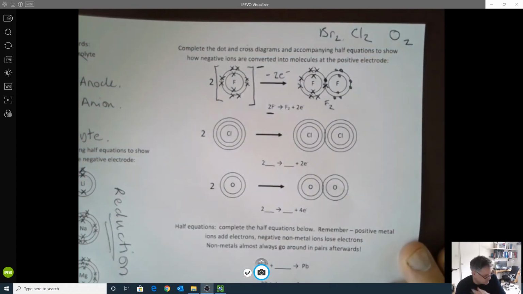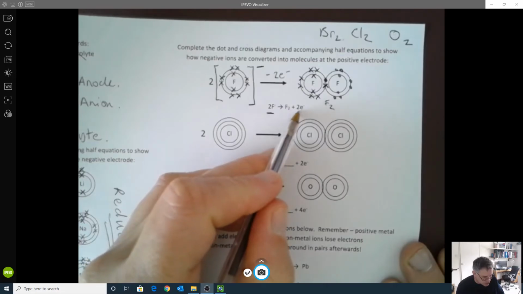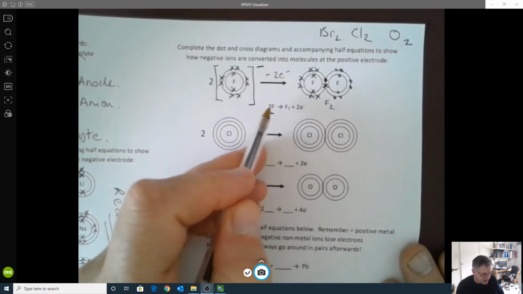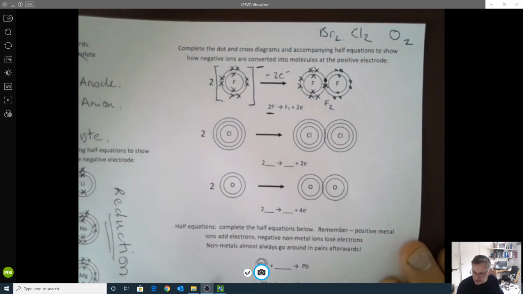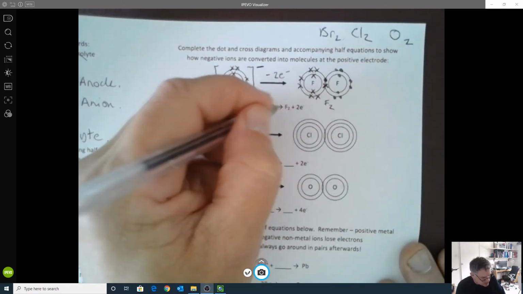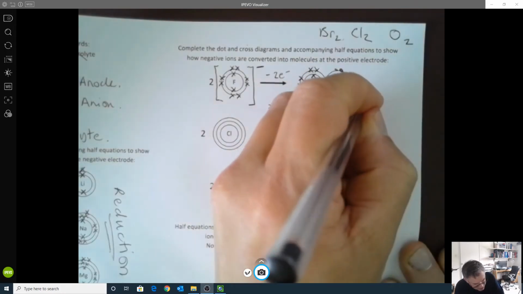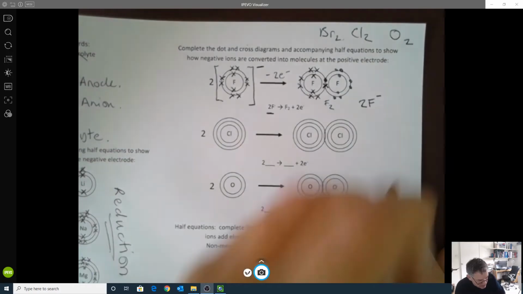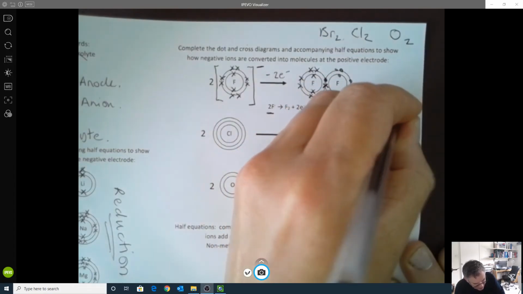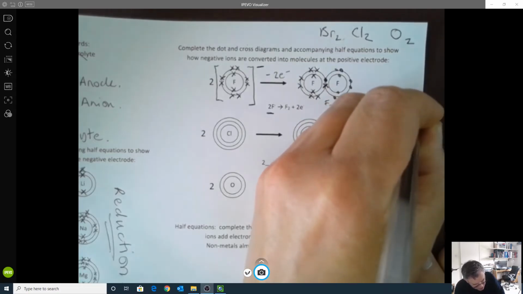Now, they've done it here with the 2 electrons being added to the right hand side. This gets very confusing, and students quite often don't see this, but that half equation is exactly the same as writing 2F minus, 2 electrons goes to give F2.